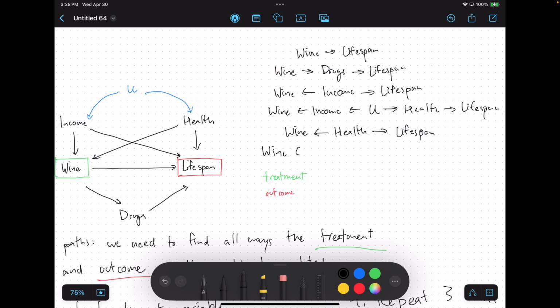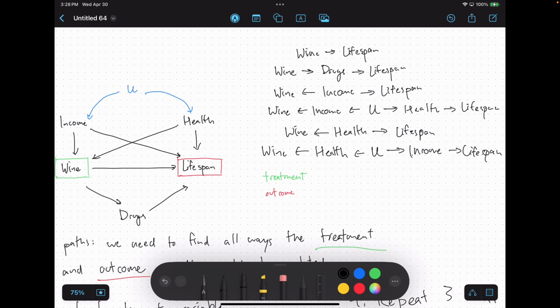Wine, health, through the latent variable, to income, to lifespan. Okay.